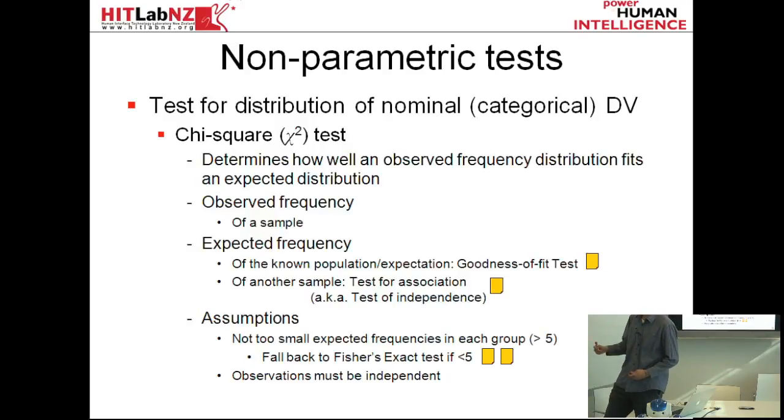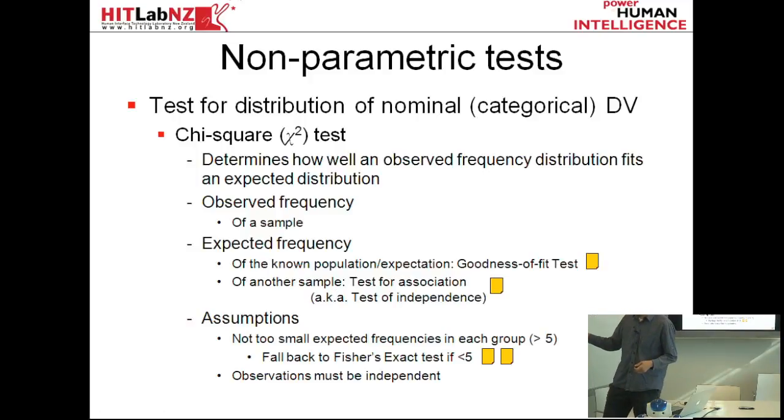And then you want to compare if these two frequency distributions are significantly different or not. And in that case, it's again still the chi-square test, but a slightly different version of the chi-square test called the test of association or test of independence.